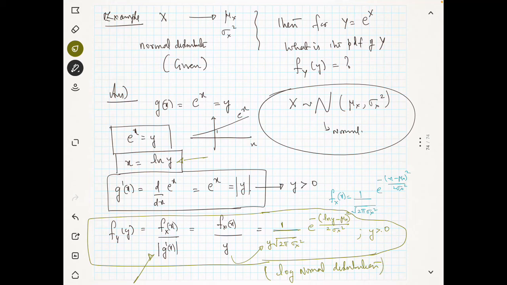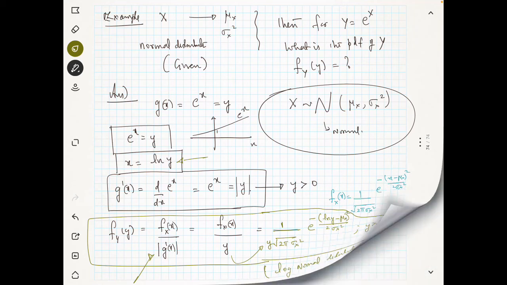I think this is enough for you. So this is how to solve the problems which are related to the functions of the random variable.